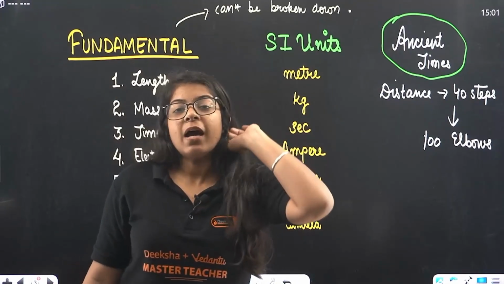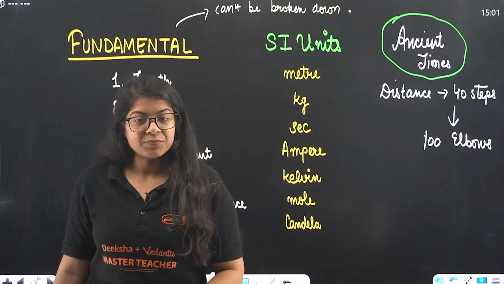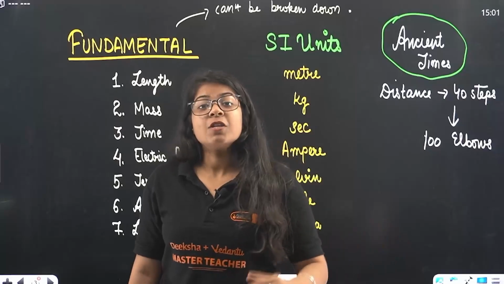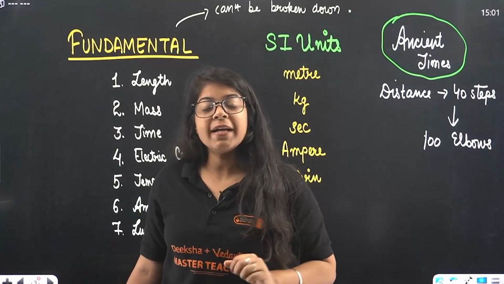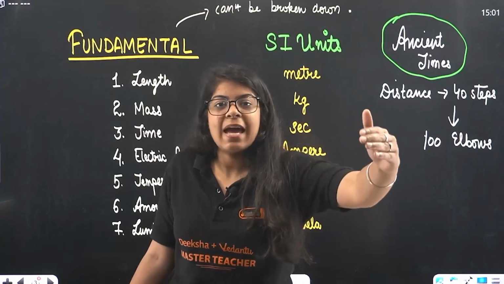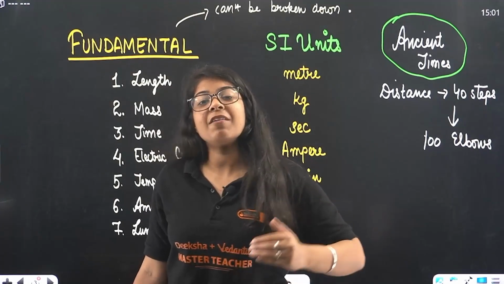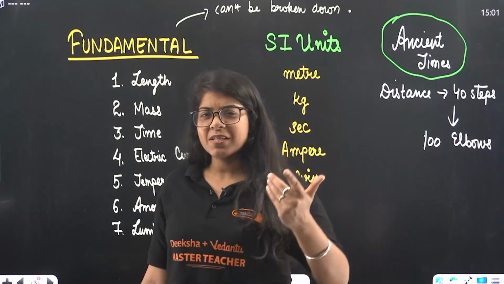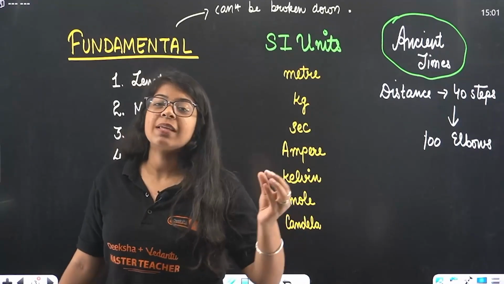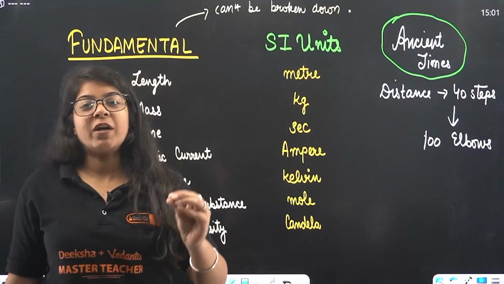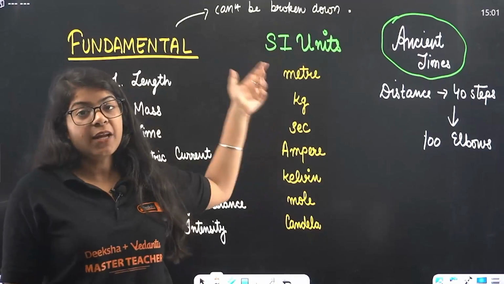Now beta, length is a fundamental quantity. How much distance you covered, you measure it. You don't derive it through a formula. You measure the distance, then you come back and say, I covered 5 meters. That's a fundamental quantity, and with that we are studying their units.